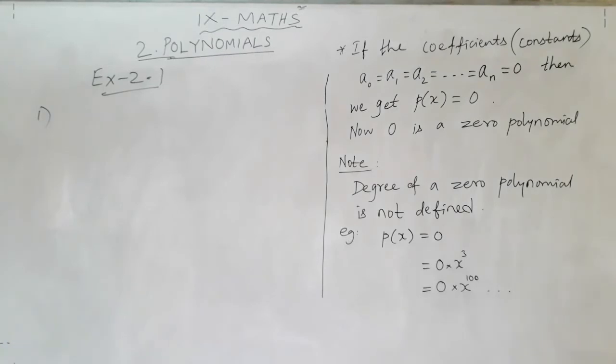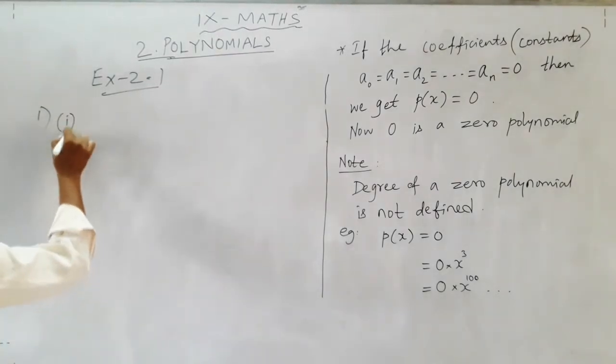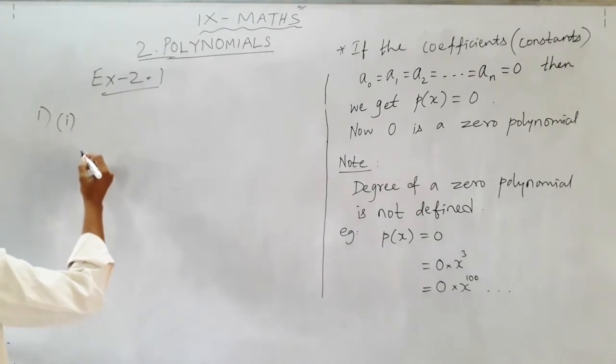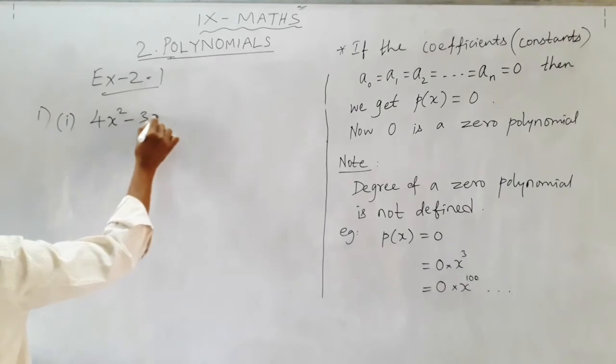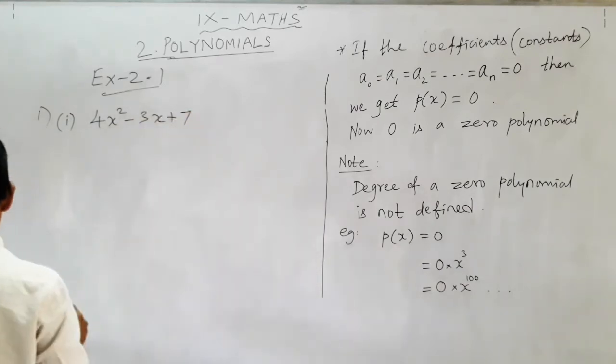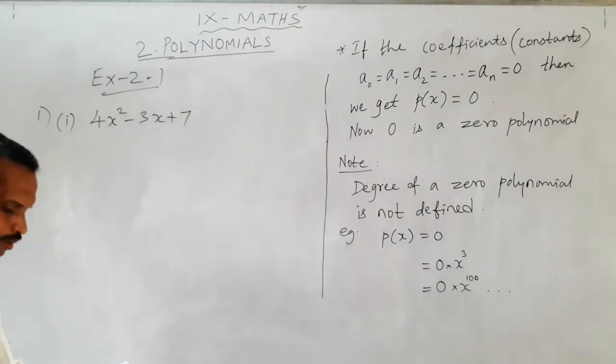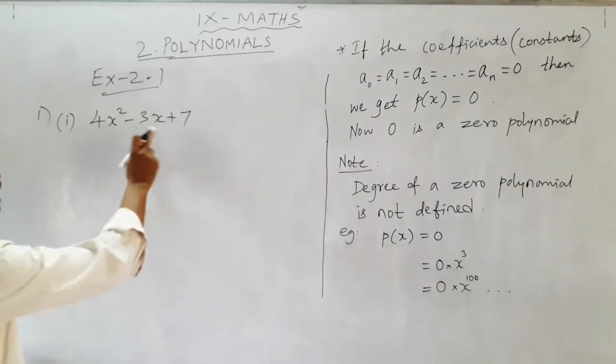So first option, you see what is there. 4x square minus 3x plus 7. Here we have to say whether the following expressions are polynomials in one variable or not, and you have to say the reason also. You see here x is the only variable.